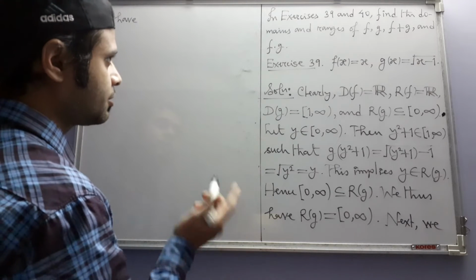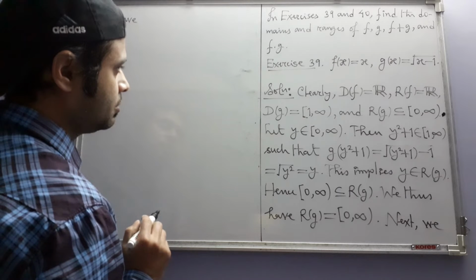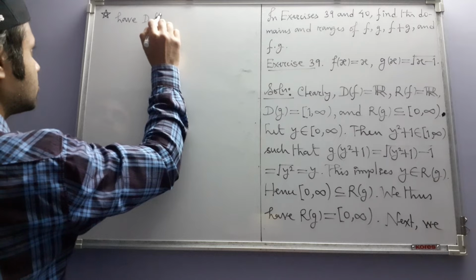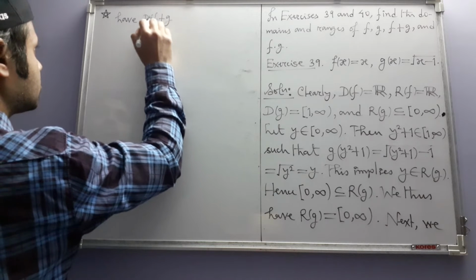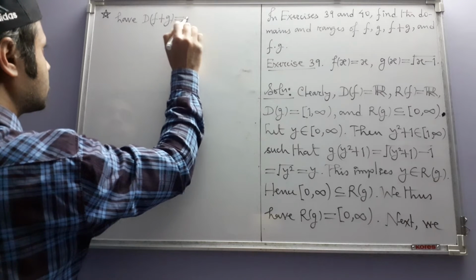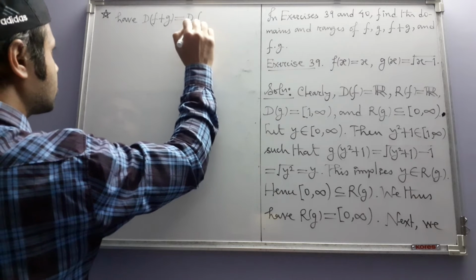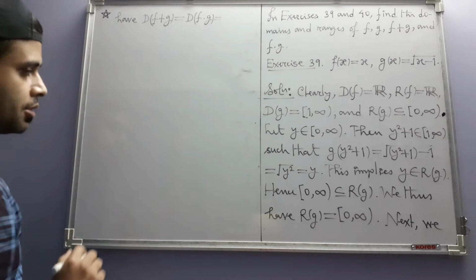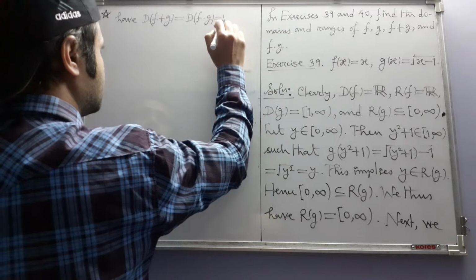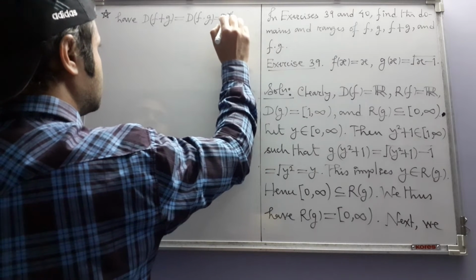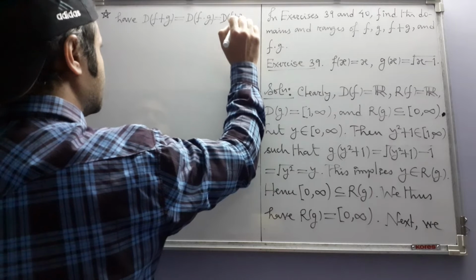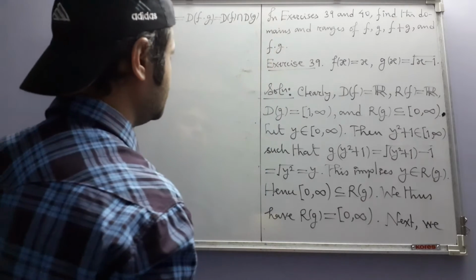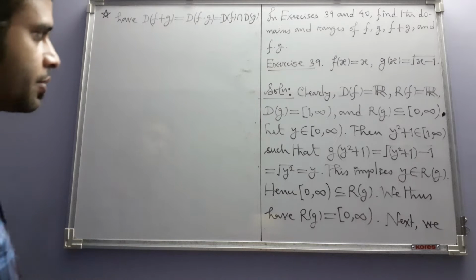In this case also we can readily write the domains. We already know what these domains are. They are equal to the domain of f and the domain of G intersected.